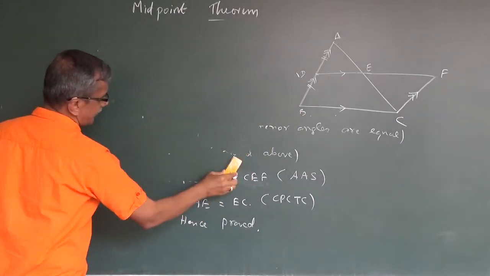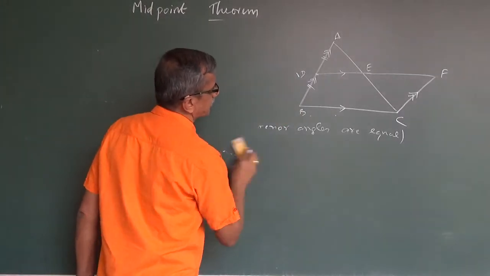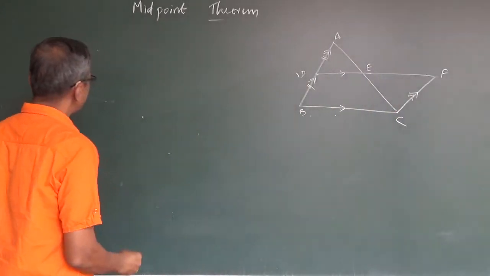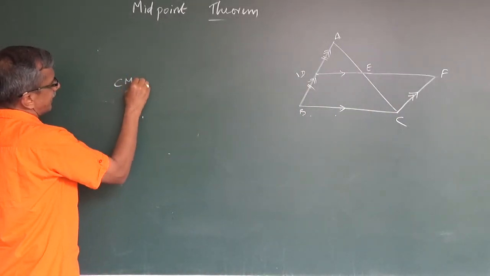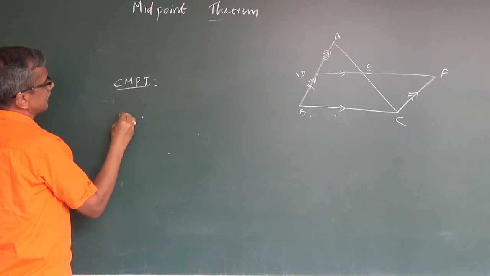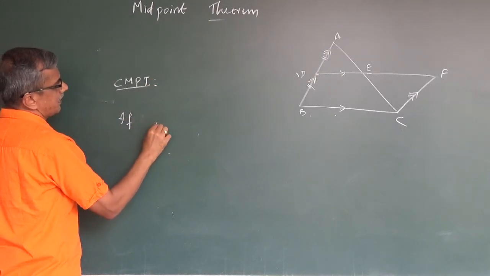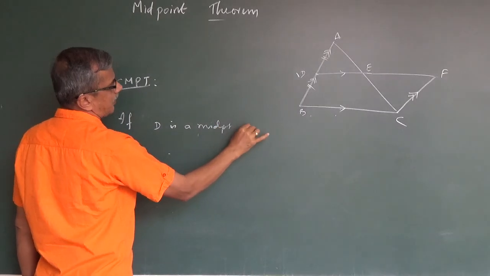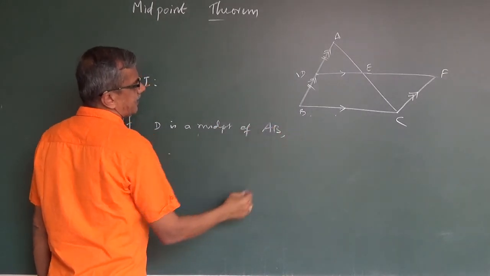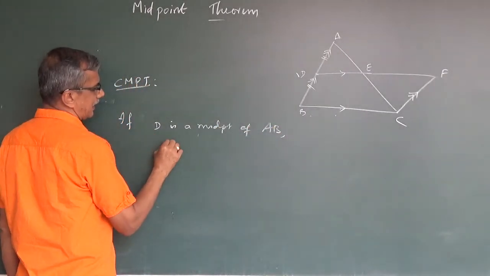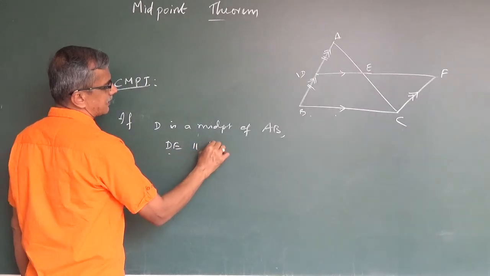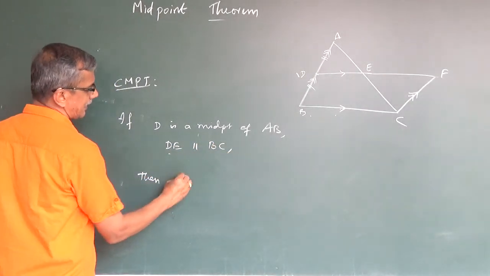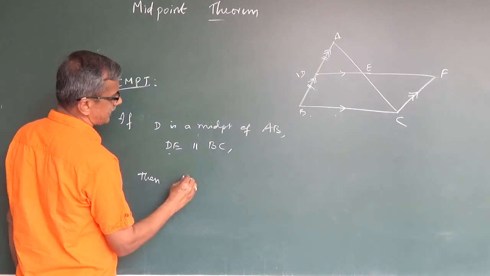Now I am going to again give you the essence of the theorem. So the converse of the midpoint theorem is like this: if D is a midpoint of AB and DE is parallel to BC, then AE is equal to EC.